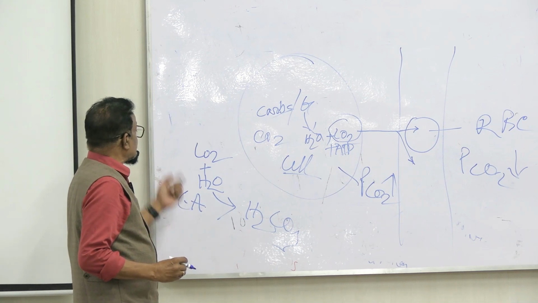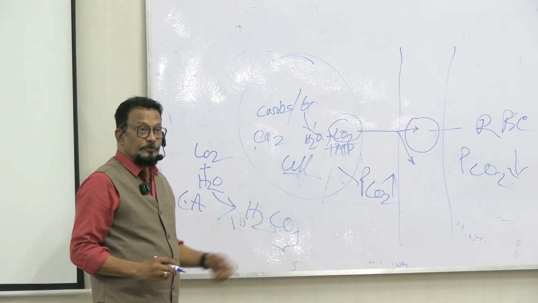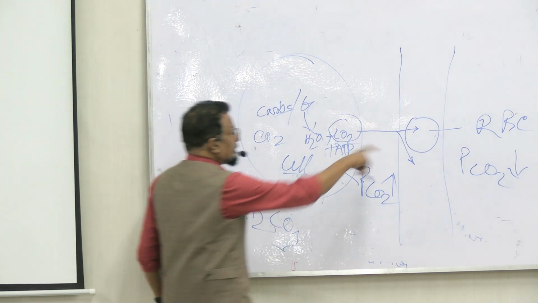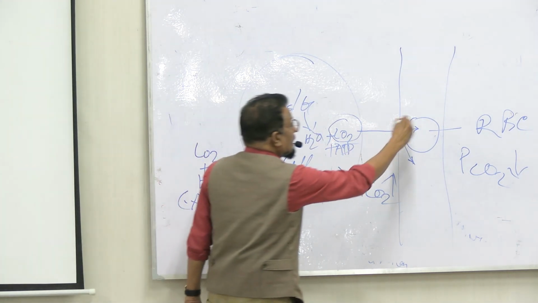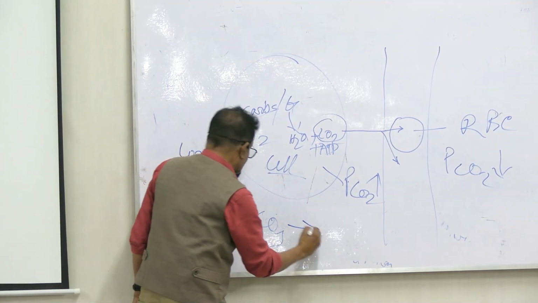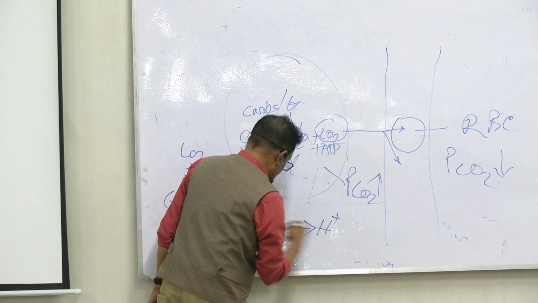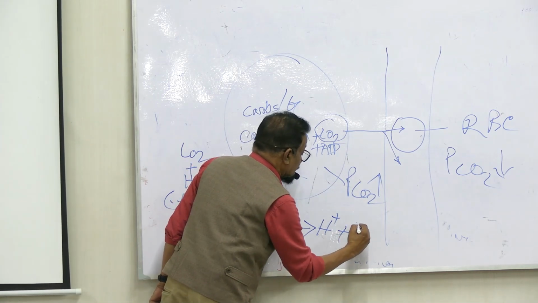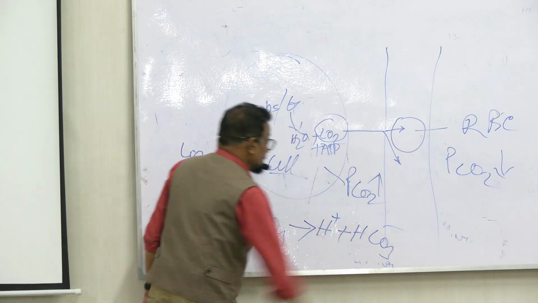With the help of this enzyme, it is rapidly converted into H2CO3. Now it dissociates. This is happening in RBC. These reactions are happening in RBC. Immediately, it is transformed, dissociates into hydrogen ion and bicarbonate ion.